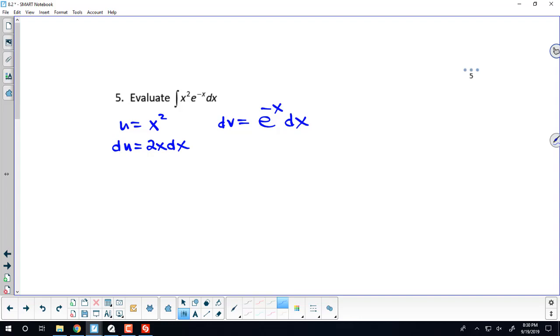And what's v? Negative e to the negative x, the antiderivative of dv.